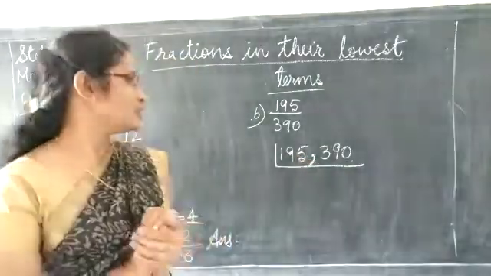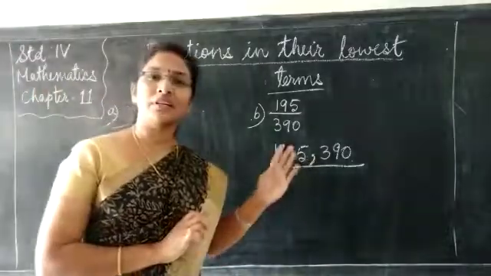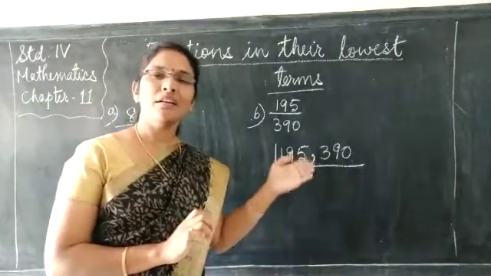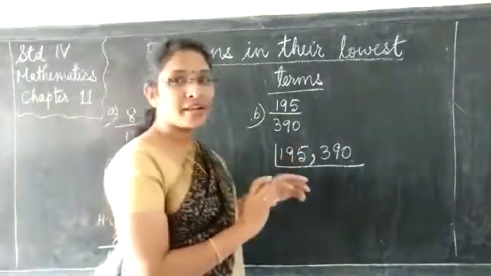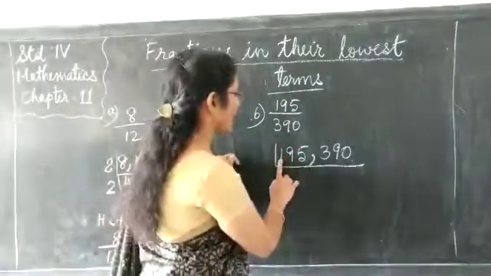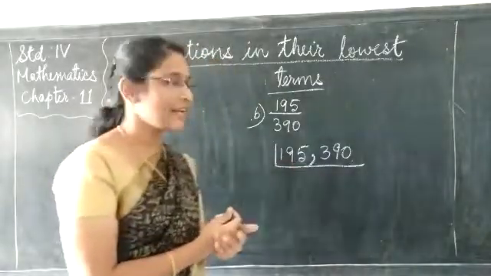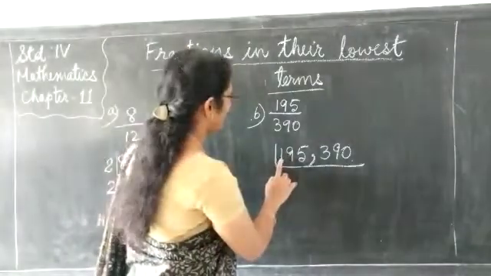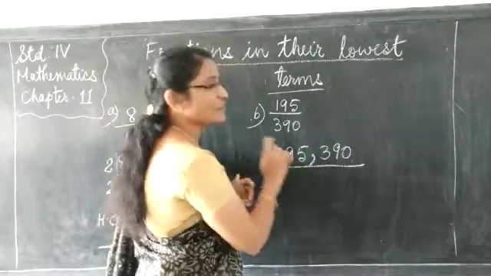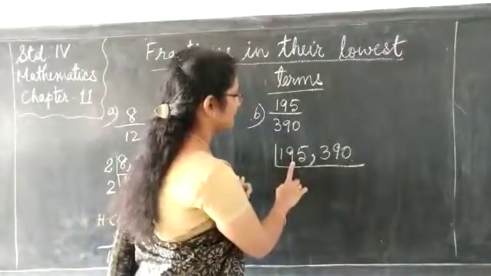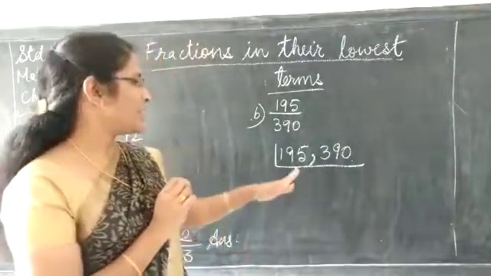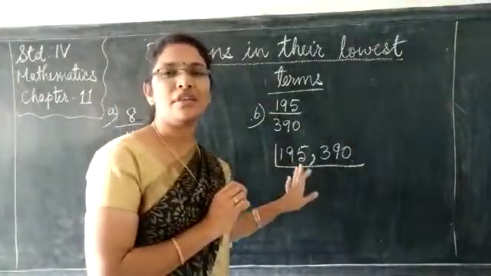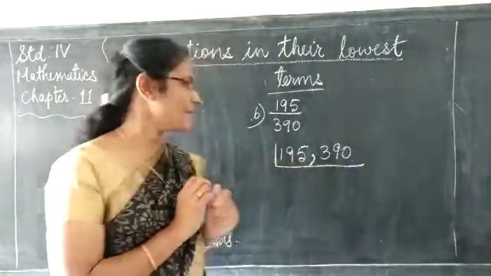divided by 2. Now we have to check whether they are divisible by the next prime number, that is 3. For finding out, we have to add the digits, isn't it? 1 plus 9 plus 5. 1 plus 9 is 10. 10 plus 5 is 15. It means 195 is divisible by 3.